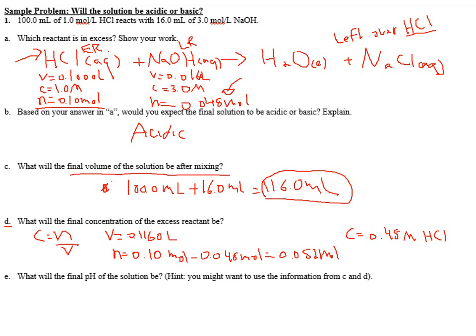So that leads into our last question, which is: what is the final pH of the solution? So remember, if you have the concentration of the acid, HCl aqueous, when we ionize it, it's 100% ionization.